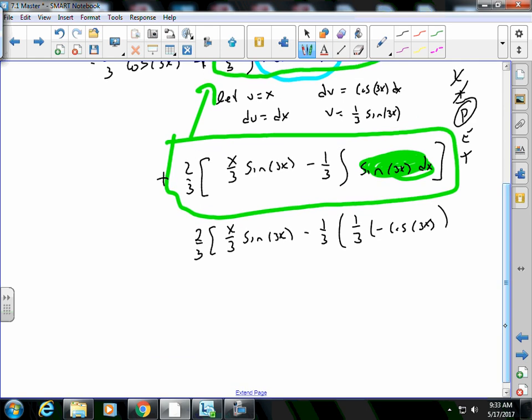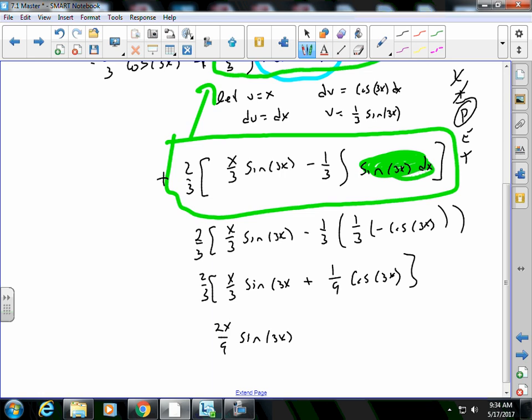So I'm going to distribute: 2/3 x over 3 sine 3x plus, oh sorry, I can do math, plus 1/9 cosine 3x. I will now distribute all of this, and I get 2x over 9 sine 3x plus 2 over 27 cosine 3x.